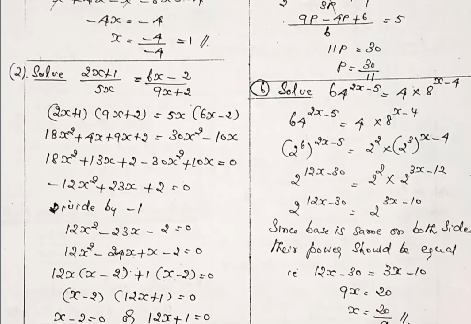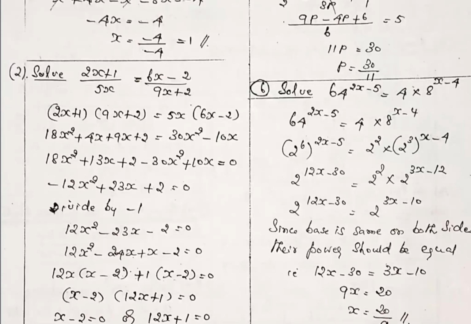So after that it is calculation only. You have to understand the question and how to attack the first step. Once you start properly, then the problem is mere calculation only. So remove the bracket, then move all the values to the left hand side.